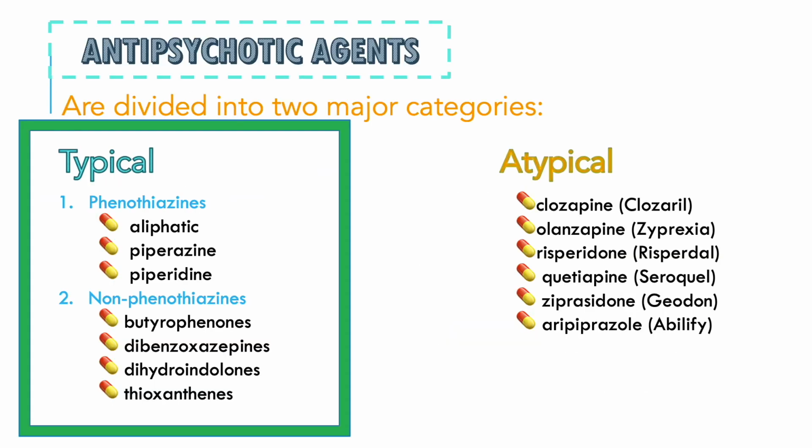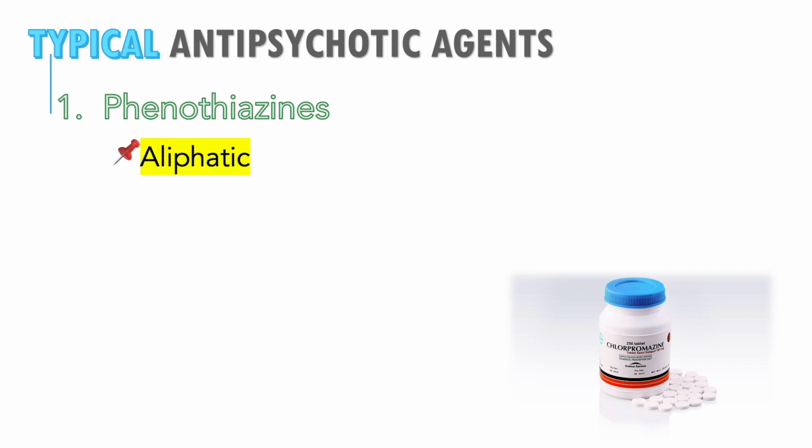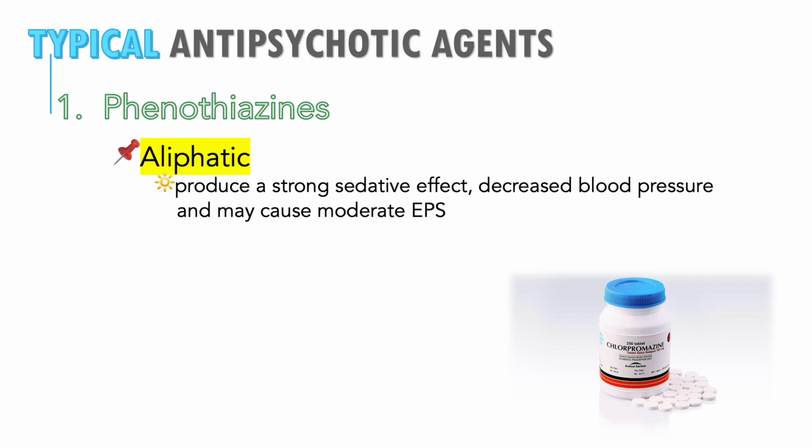Now we will discuss the typical antipsychotic medications first. First, we will discuss the phenothiazine group. Under the phenothiazine, we have the aliphatic. Aliphatic medications produce a strong sedative effect, decrease blood pressure, and may cause moderate extrapyramidal symptoms.